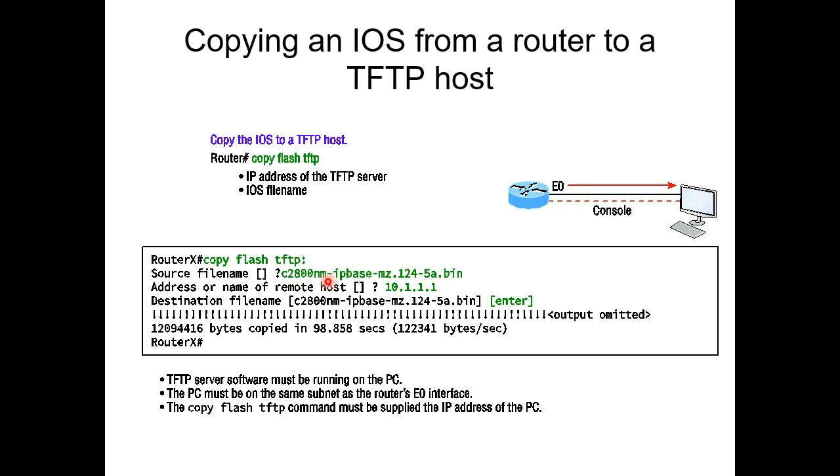Now, in this particular case, we are taking the IOS on a brand new router, as an example, and we want to back up that file because that file is valuable. If you lose that file somehow, you're going to have to pay money to get that C2800 file back, just like you pay for any other operating system. You're going to pay for this one if you need to replace it.